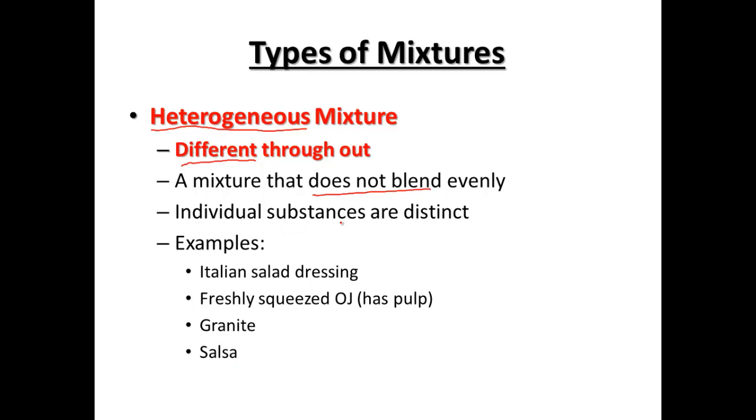All of the substances are distinct, meaning you could notice that the properties of one substance and the properties of another substance both show up in that mixture. So heterogeneous mixtures, different throughout. Muddy water would be another example of different throughout.